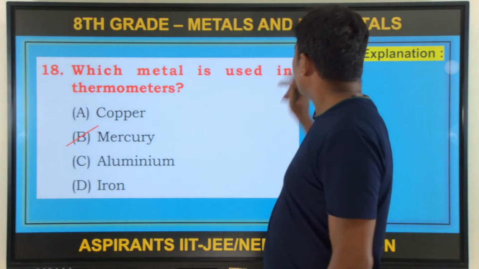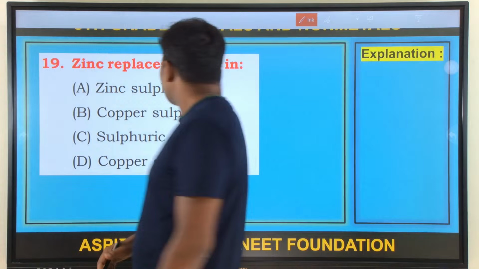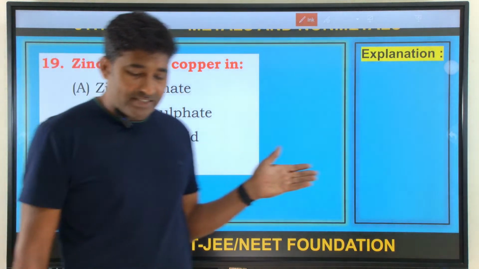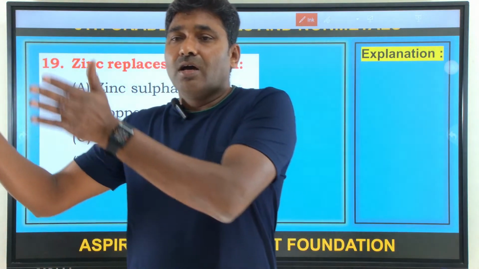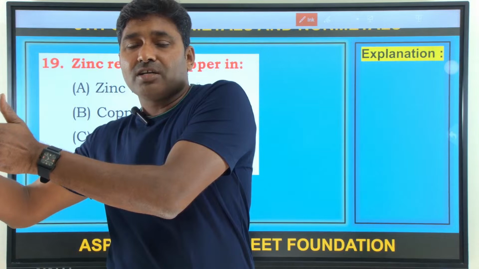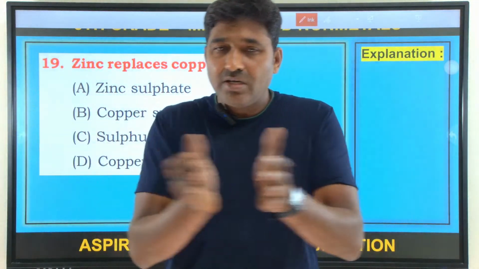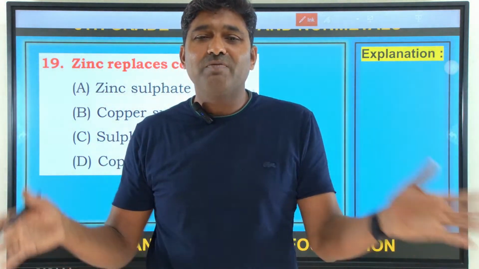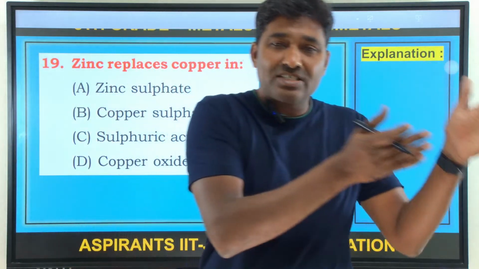Okay, now we go to the next question. Zinc replaces copper in... as we just discussed, the metal activity series. In the metal activity series, we arrange the metals from higher reactivity to least reactivity. In that series, we identify which is the most reactive, which is moderately reactive, and which is least reactive.